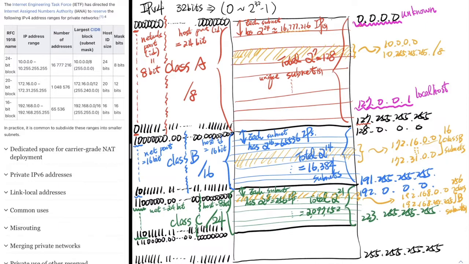I can simply use 127.0.0.1 to represent myself, which we also call localhost. It really doesn't matter what IP address you actually use, but if you would like to indicate the IP address used by yourself, you can use 127.0.0.1.